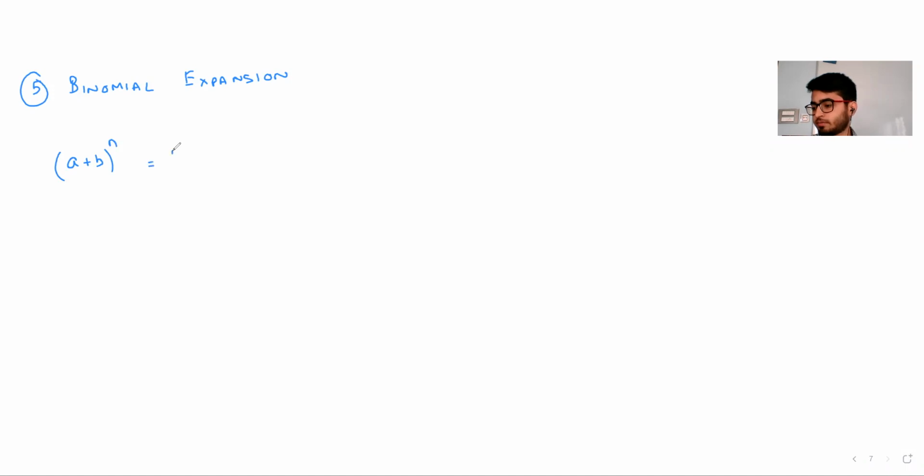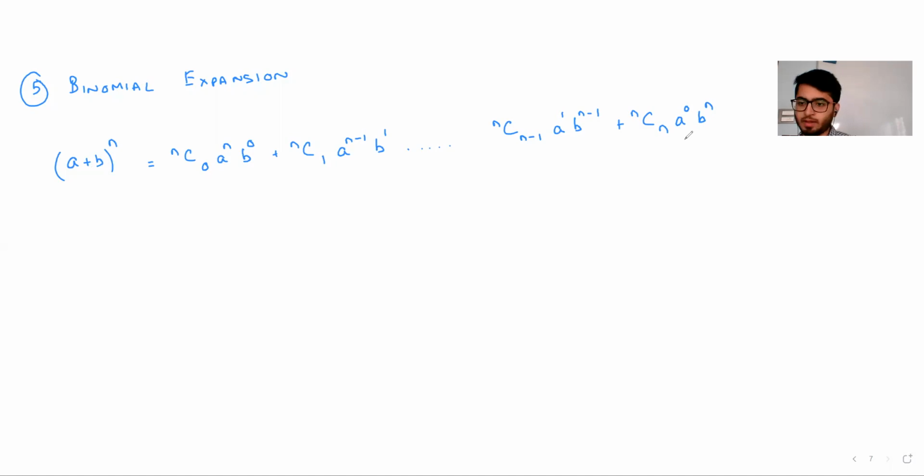This is nothing but nC0, a to the power n, b to the power 0, plus nC1, a to the power n minus 1, b to the power 1, and so on. The second last term will be nC(n minus 1), a to the power 1, b to the power n minus 1, and the last term would be nCn, a to the power 0, b to the power n. This is the expansion for (a plus b) whole to the power n.